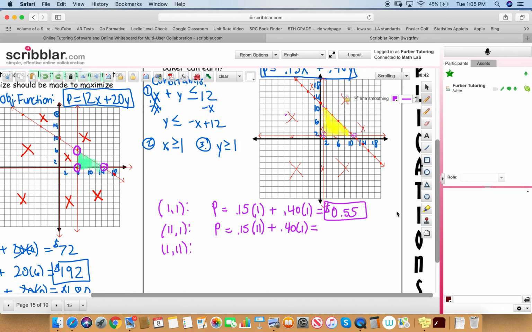So altogether, that's going to equal $4.55. And then the last one, we're going to assume only 1 glazed and 11 jelly, which is going to turn out to be $2.05.